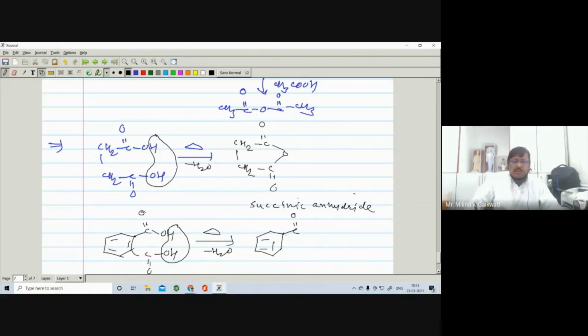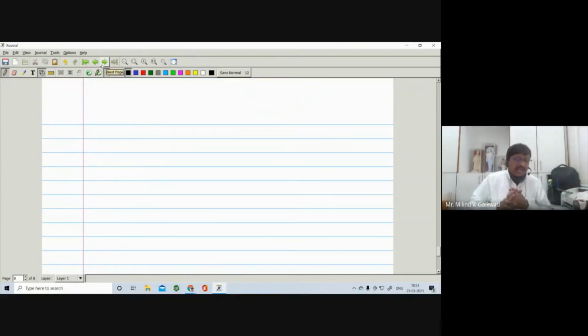So C=O, here is a C=O, here is O, that is phthalic anhydride. Okay. So in this way we can write down the preparation of this compound. Simple chemical reactions are there.